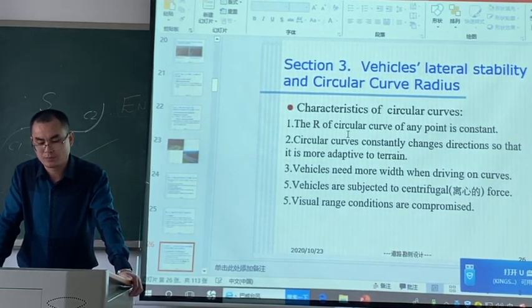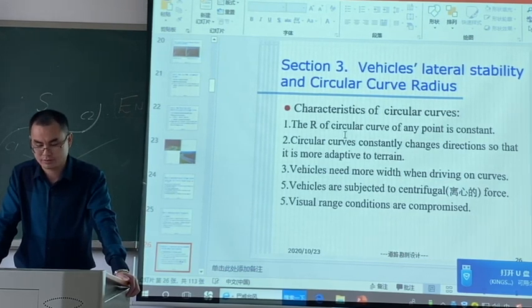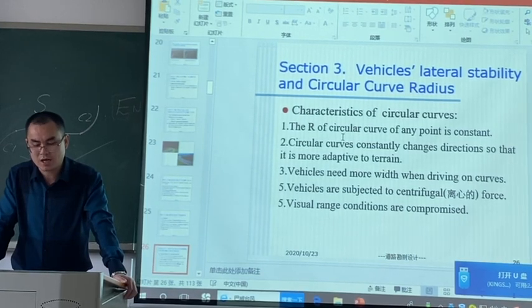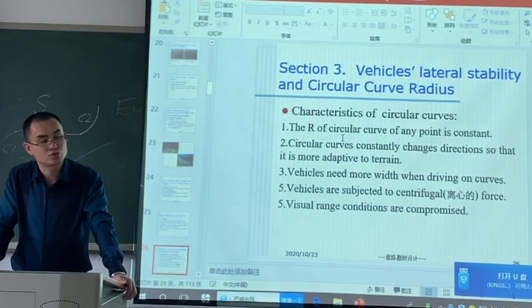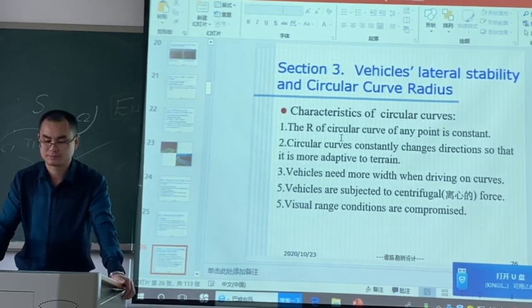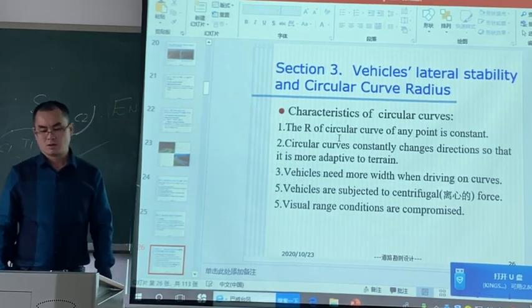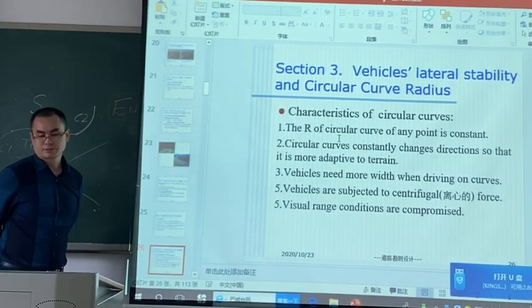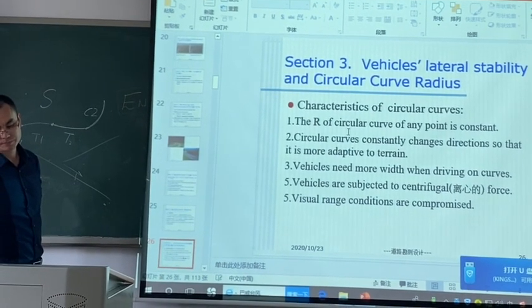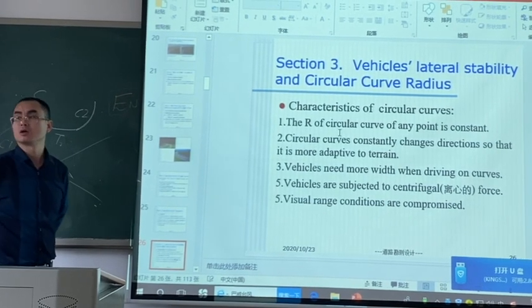Vehicles need more wire when driving on curves. Vehicles are subjected to centrifugal force. Visual range conditions are compromised.